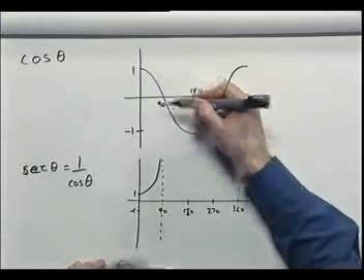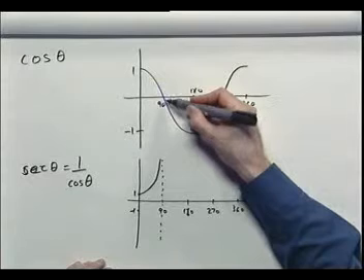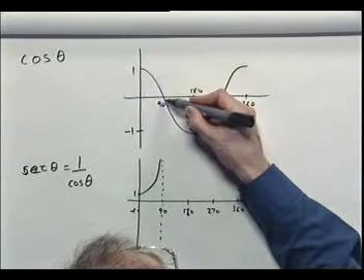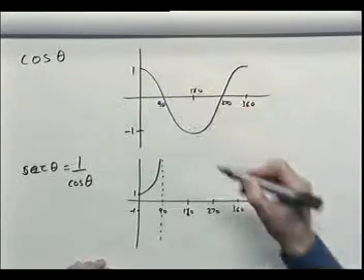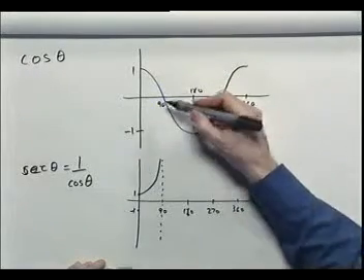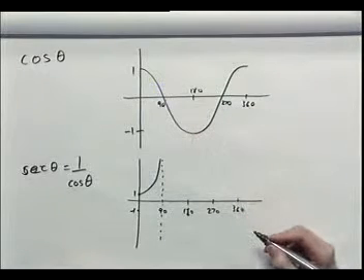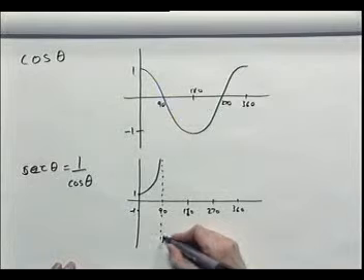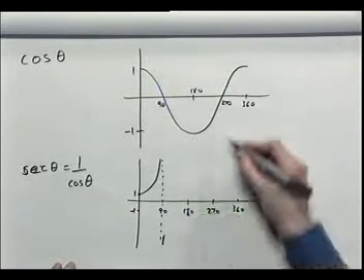What about this side of 90? Well, this side of 90 we're dividing by something where the value of cos theta is very small, but definitely negative. So the answer is going to be very big in size when we divide it into 1, but negative. So a bit of the curve here coming down to there.